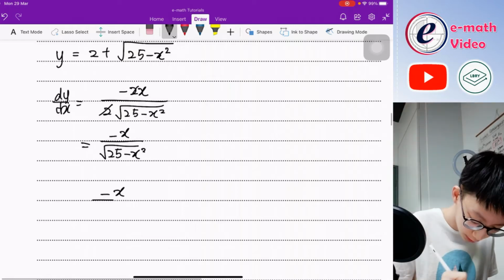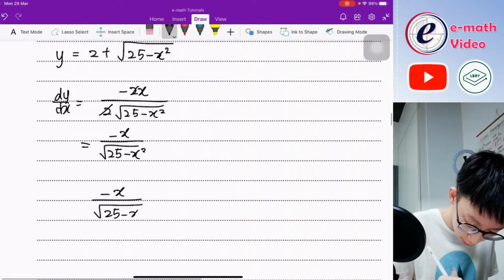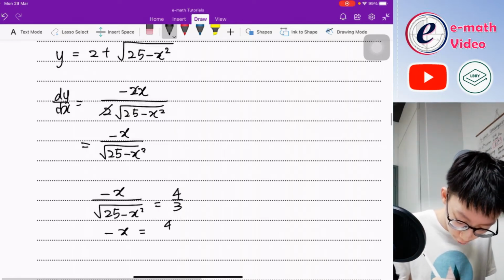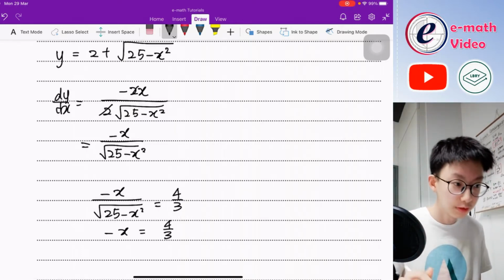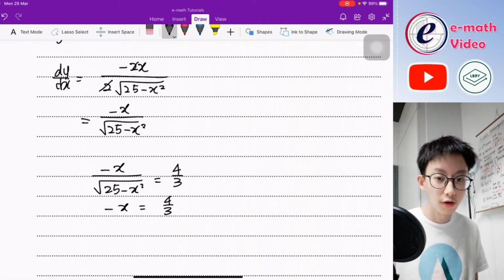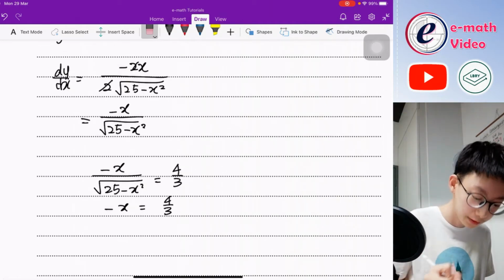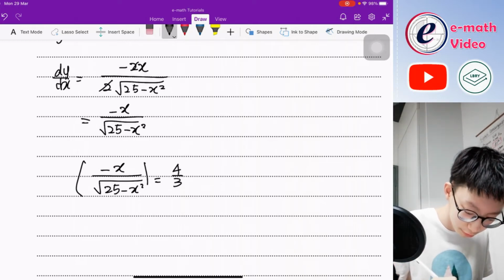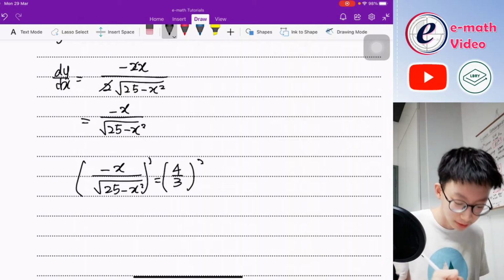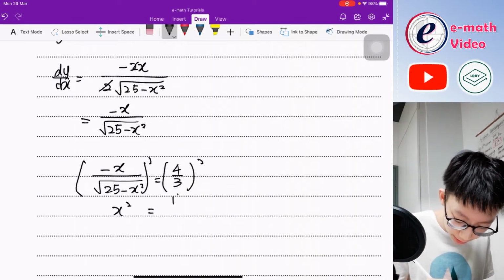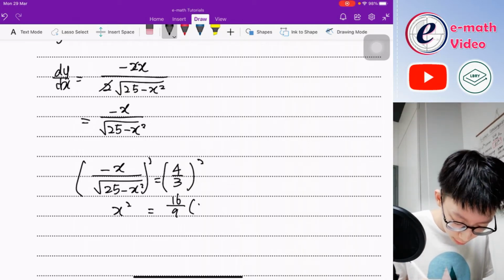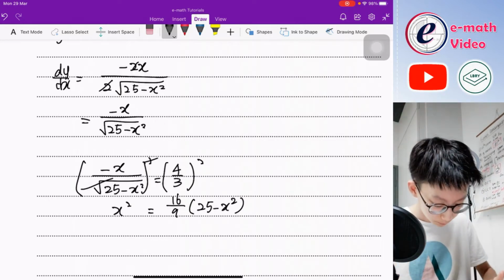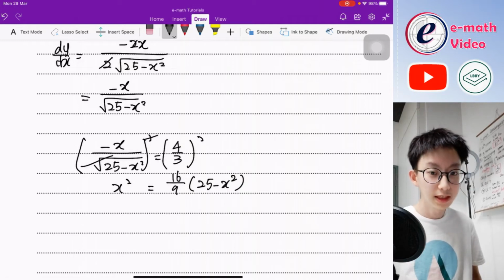Let me just put it here. Negative x over the square root of 25 minus x squared equals 4 over 3. I think I better square both sides first, okay? Because now I still can square both sides. It's easier for me to square both sides now. So it will be x squared equals 16 over 9 times 25 minus x squared. The square root and square will cancel off, and it's a quadratic equation.